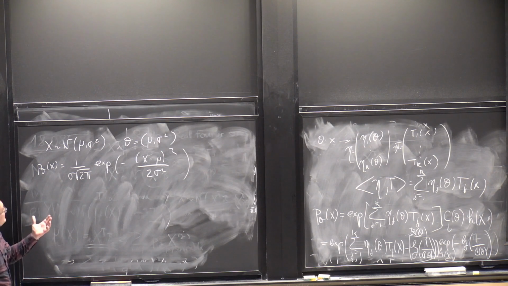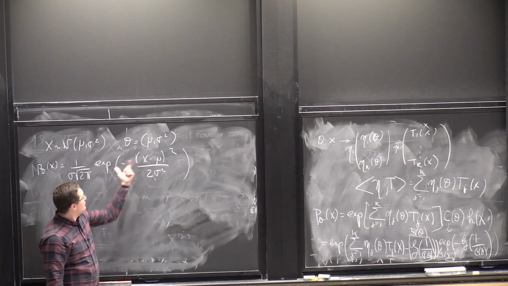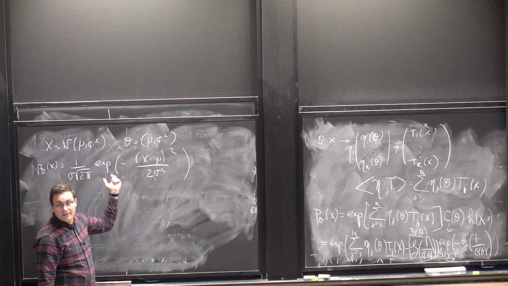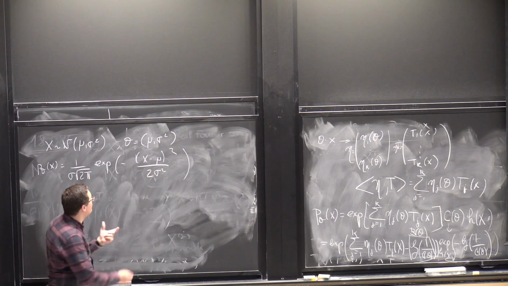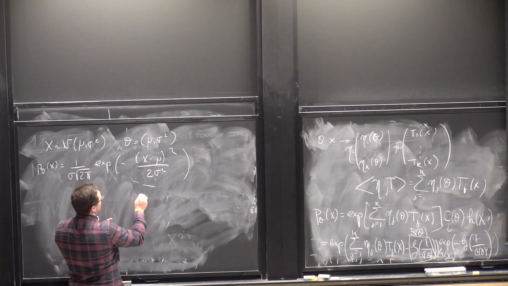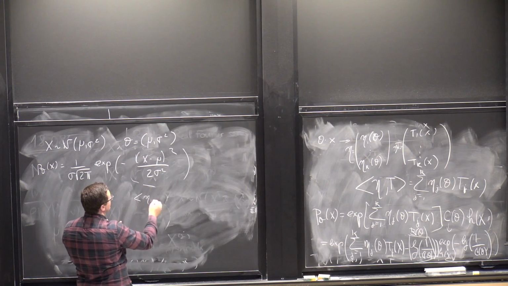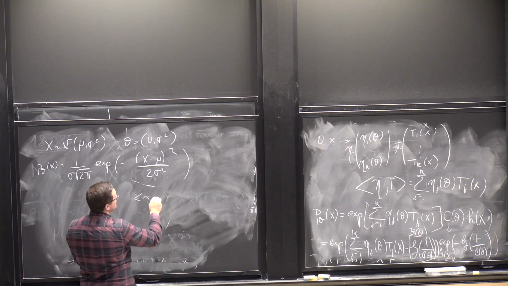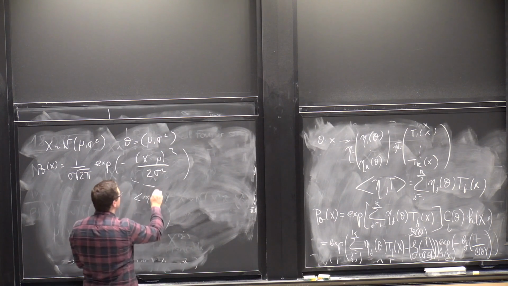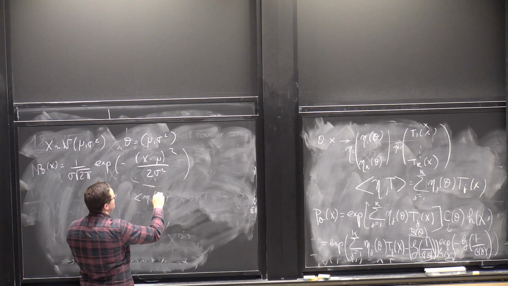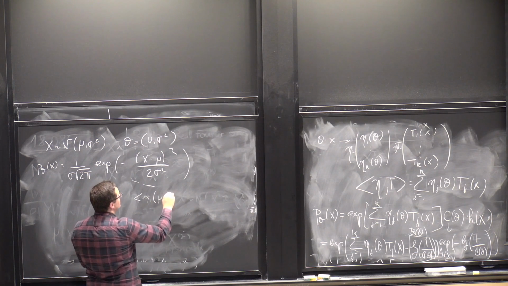And clearly the exponential shows up already. I want to show that this is something that looks like eta 1 of, say, mu, sigma squared.